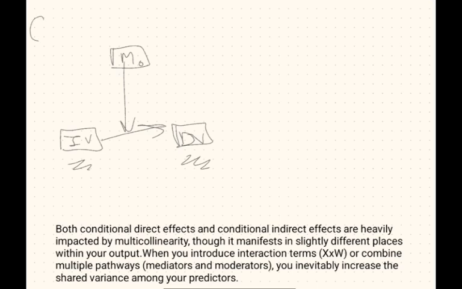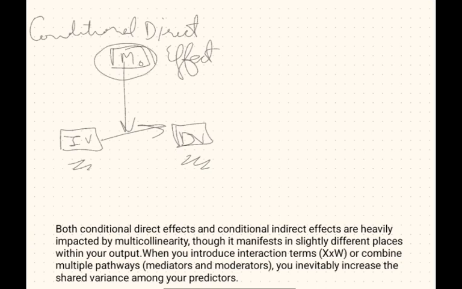So this is conditional direct effect. Conditional direct effect means the effect of this moderator on the direct relationship between independent variable and the dependent variable, right? That is why it is known as conditional direct effect.